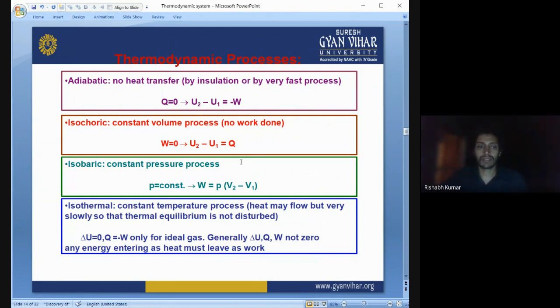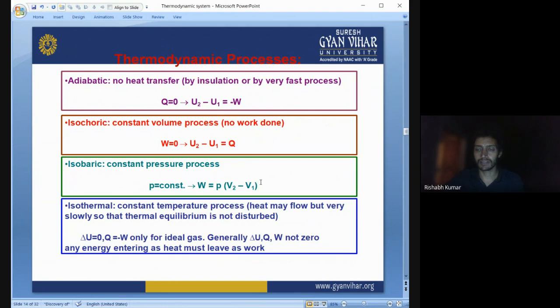So your delta Q will be equal to delta W. So all that energy that is being provided will be in the form of work done. Okay, if work is done by the system on the surrounding, then it is going to be the loss of energy for the system in the form of heat, right?